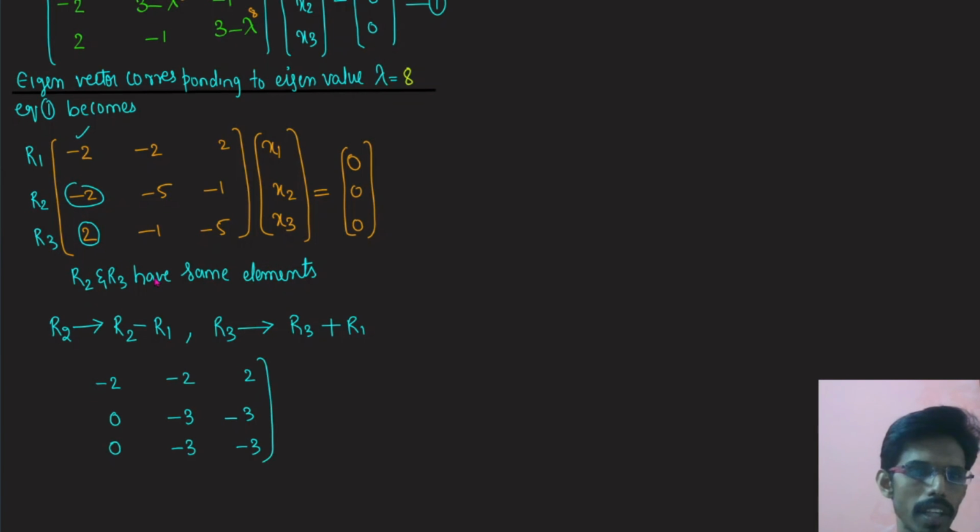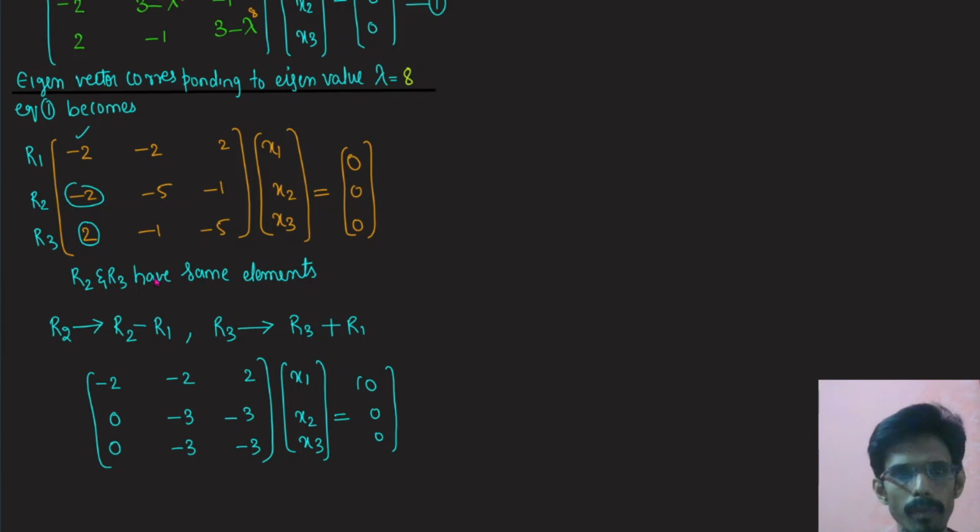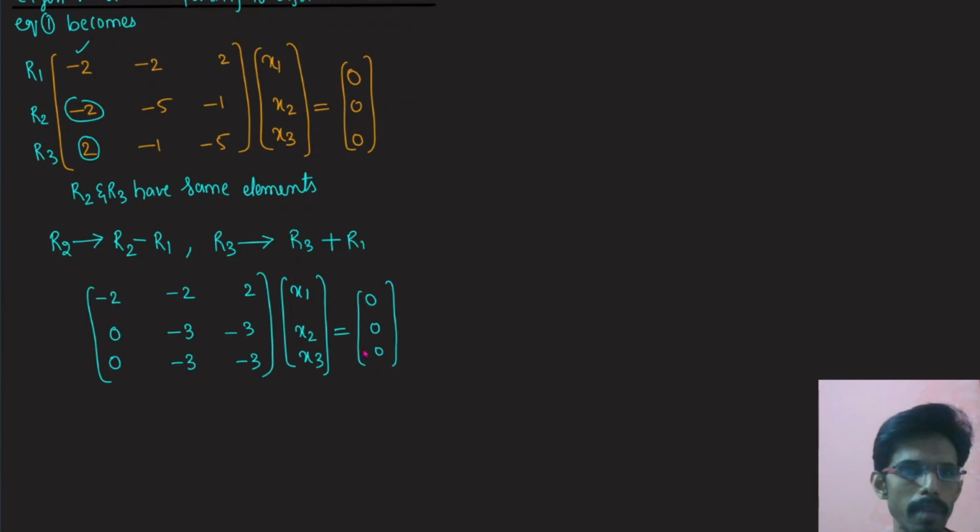Now again, if I see this matrix, I can see that the second row and third row are the same.